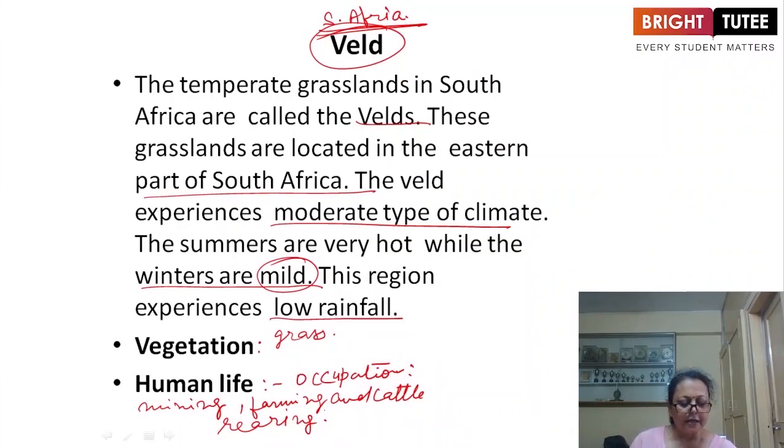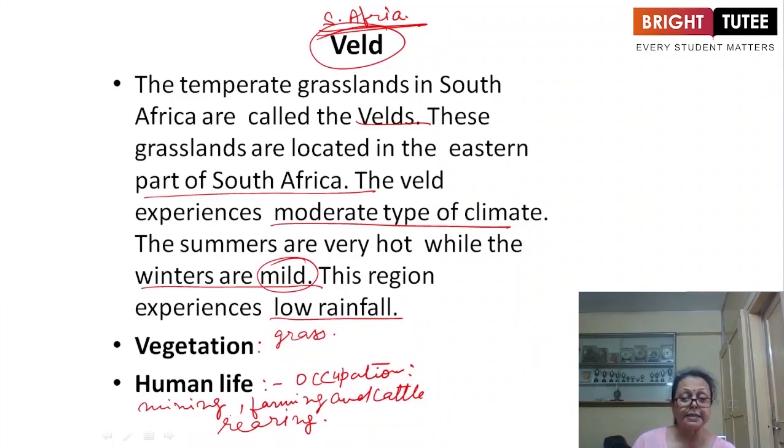Cattle rearing is common in the eastern parts, while sheep rearing is common in the western parts.